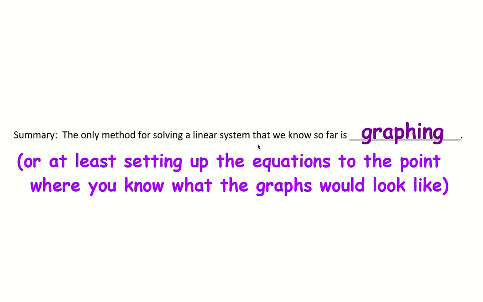The only method for solving is literally graphing, or, if you solve both of them for y and you see that, oh my gosh, I don't need to actually graph these lines, they're going to be parallel, so I don't need to draw the lines to know that there's going to be 0 solutions. But you graph when you can see that there's going to be 1 solution, and you graph it so you can find out what it is, basically.